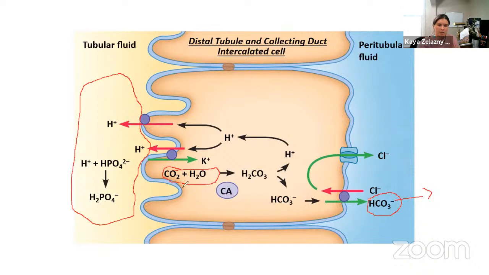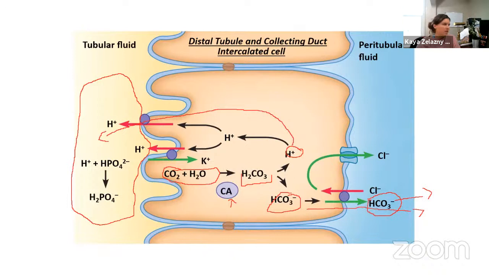So we start with CO2. We convert it to carbonic acid using carbonic anhydrase, just like we did in the proximal tubule. Break it up into hydrogen ions and bicarbonate ions. Again, that part is just like the proximal tubule. And then we secrete out hydrogen ions, still the same as the proximal tubule, and we reabsorb our bicarbonate here.